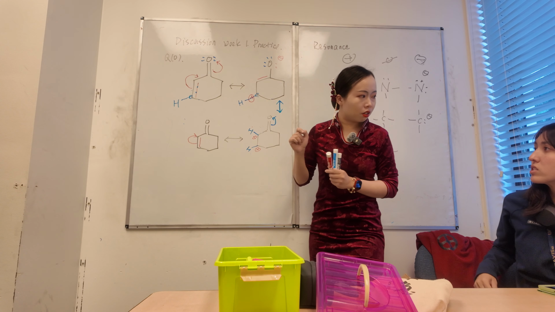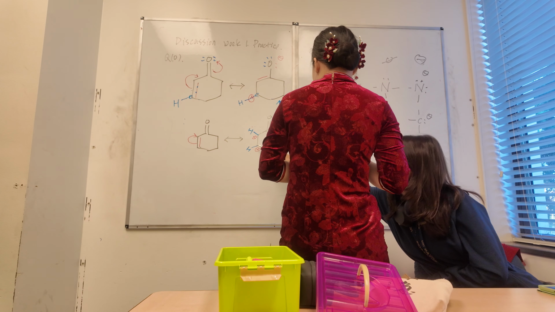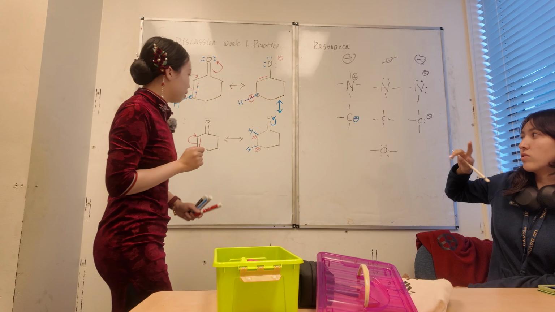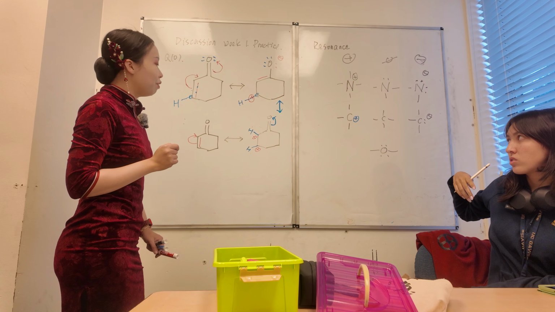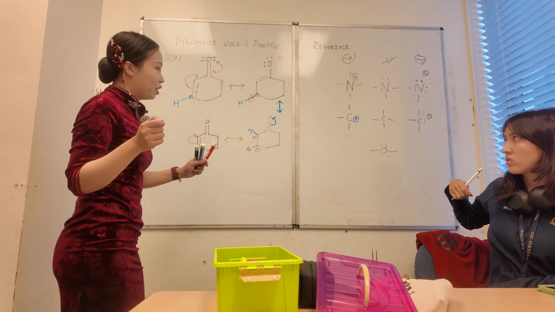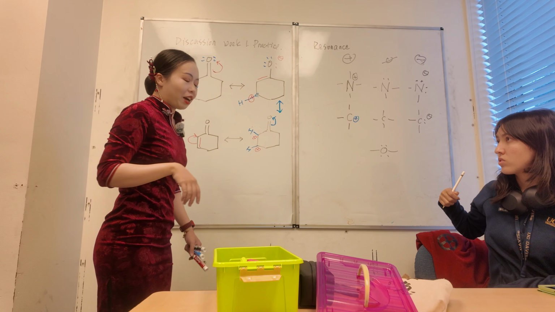Would it be another resonance structure if these two switched? Like, if the double bond went to this carbon instead of this carbon? Yeah, that's also correct. Would we have to write out both of those? Yeah, if this one shows, you probably need to, because they are still correct resonance structures. But I guess your TA will find a happy way there.